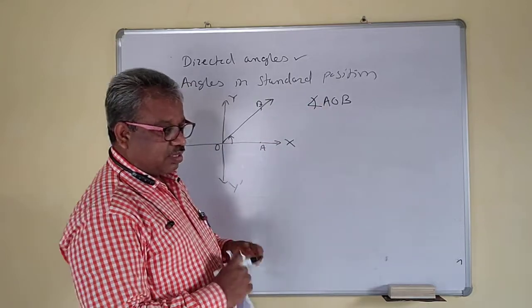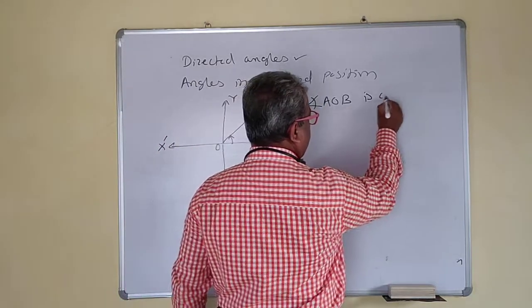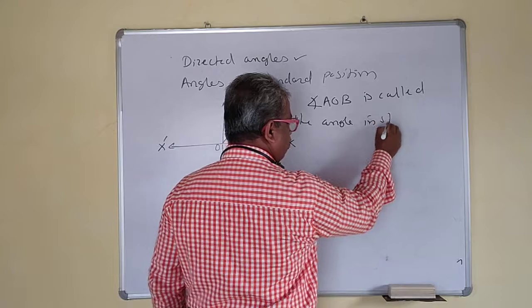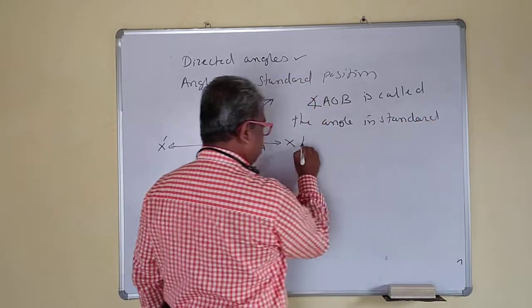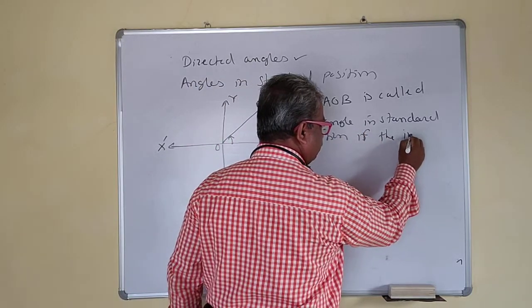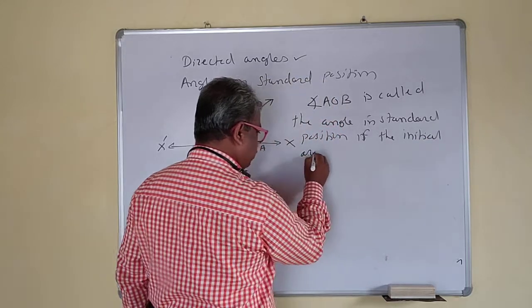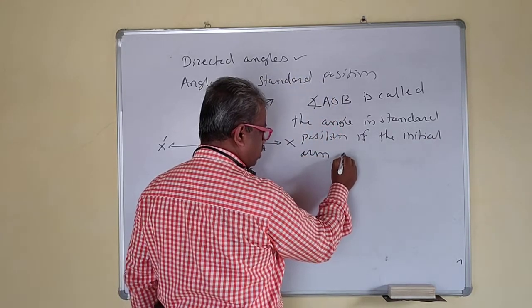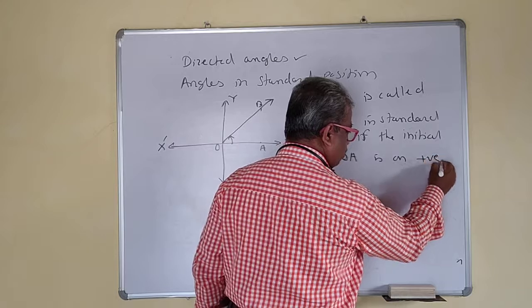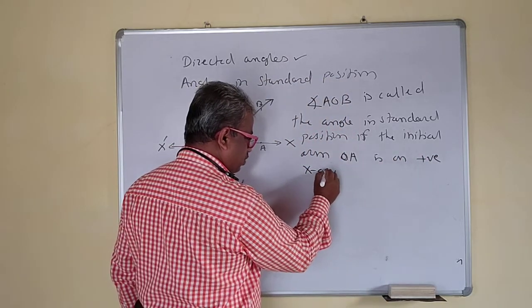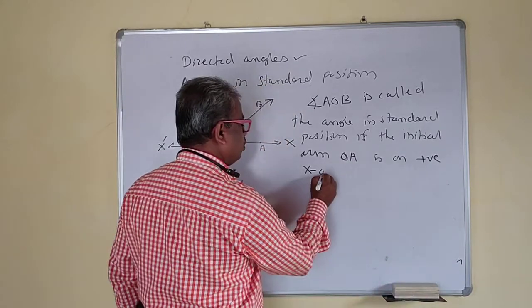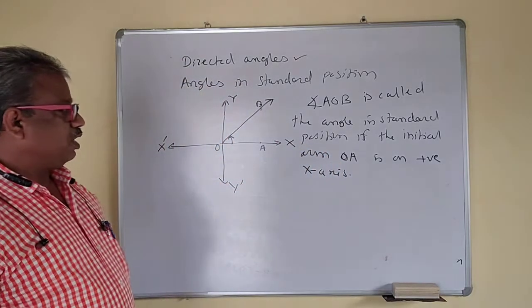The directed angle AOB is called the angle in standard position if the initial arm OA is on positive x-axis, right?